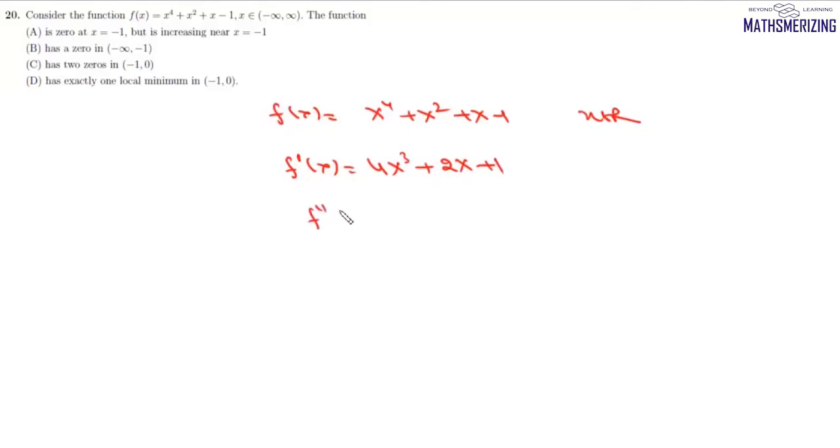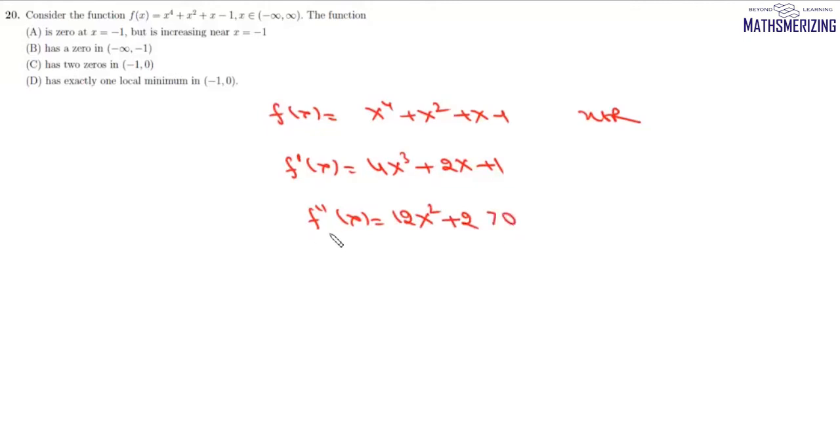Now the question is, we are given this function f(x), which is x^4 + x^2 + x - 1 for x belongs to R. We need to find its zeros and its point of local minima or maxima. Now if we find f'(x) it will be 4x^3 + 2x + 1, and if we find its second derivative, it will be 12x^2 + 2, which is greater than 0.